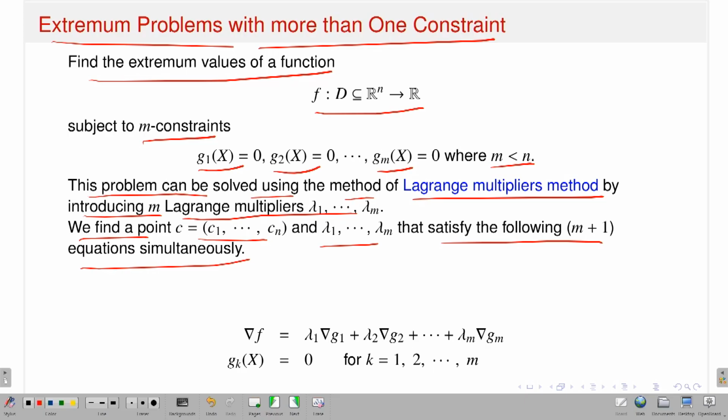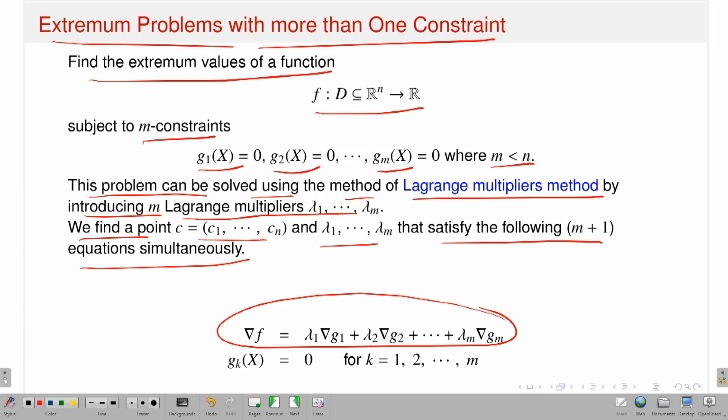So, how do you get it? First, the gradient of f at any point: you have to introduce m Lagrange multipliers and consider this equation, lambda 1 times the gradient of g1 plus lambda 2 times the gradient of g2 up to lambda m times the gradient of gm. Earlier you had only gradient of f is lambda times gradient of g.